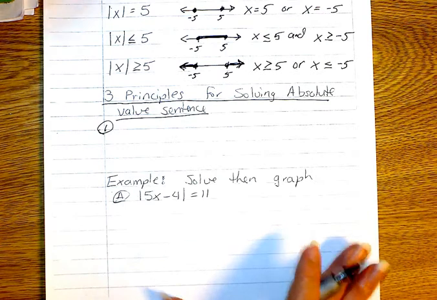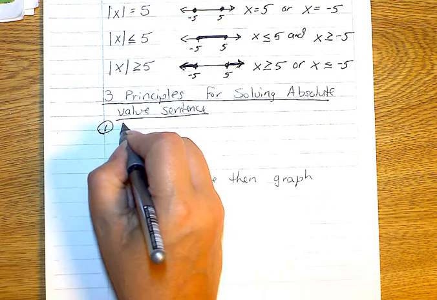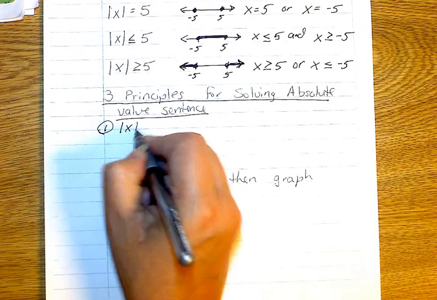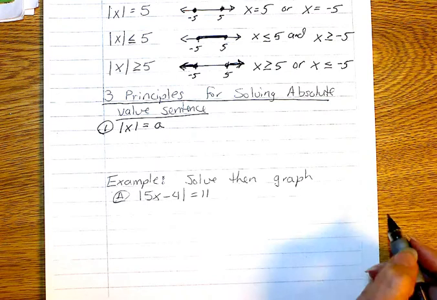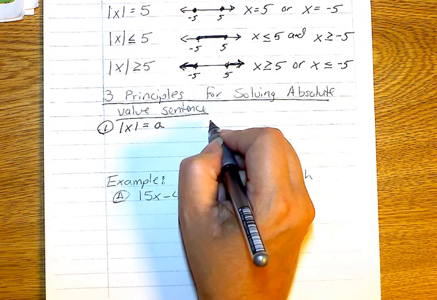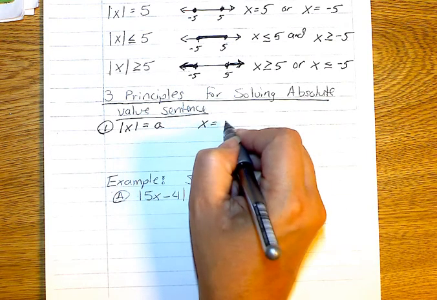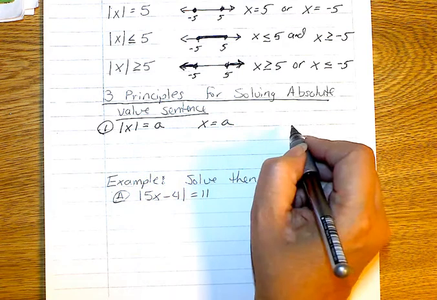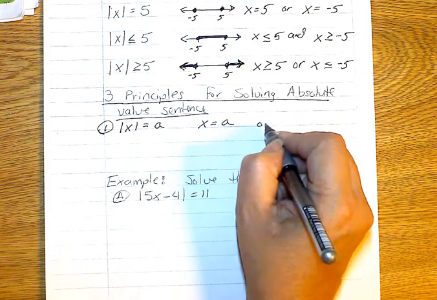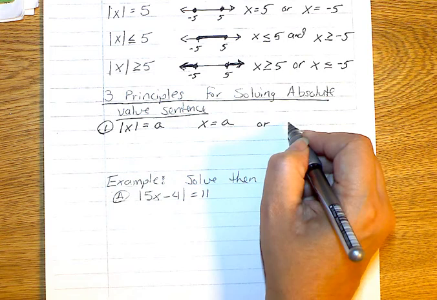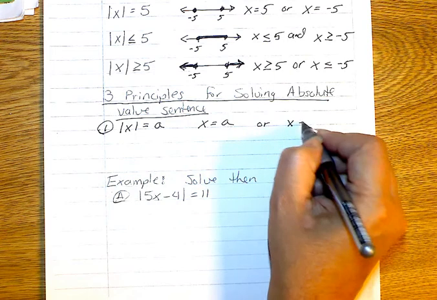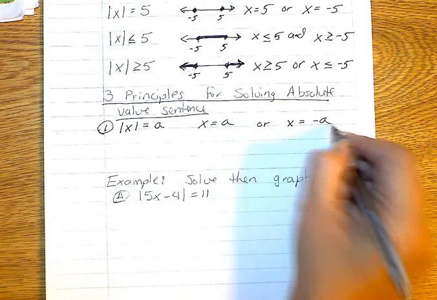The first one says that the absolute value of x equals a. Then we have x equals a, or x equals negative a. Right?